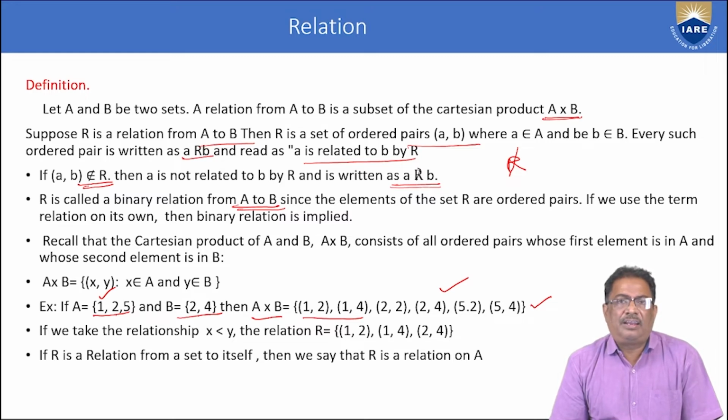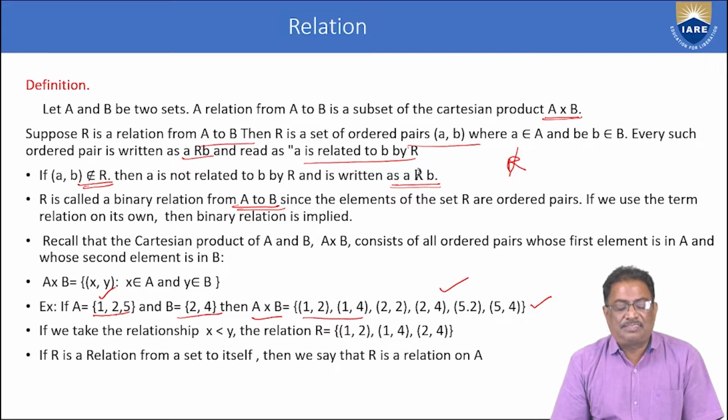If a relation is defined from one set to another set, then it is a binary relation. So if you do not mention whether the relation is binary, unary or some other relation, then it is automatically understood that the relation is a binary relation.